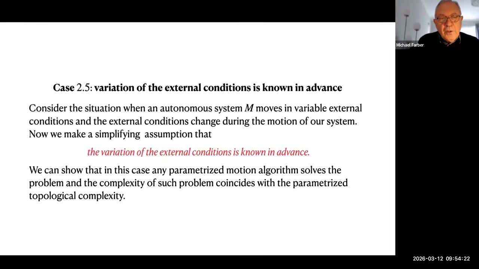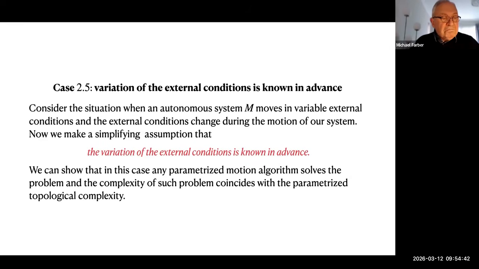Okay. So this I call case 2.5. It's not exactly case 3, it's a case between 2 and 3. This case is when the variation of external conditions is known in advance.